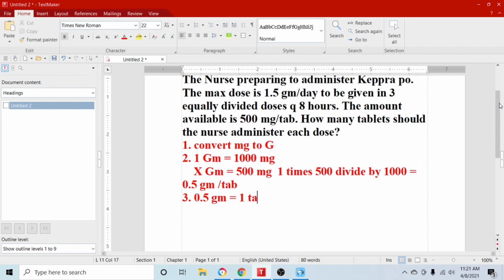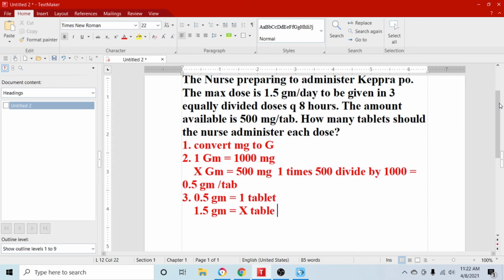Not 1 table, 1 tablet. Well, wait a minute. We know that 0.5 grams is 1 tablet. We have that there. We are not supposed to give more than 1.5. So 1.5 grams equals x tablet.